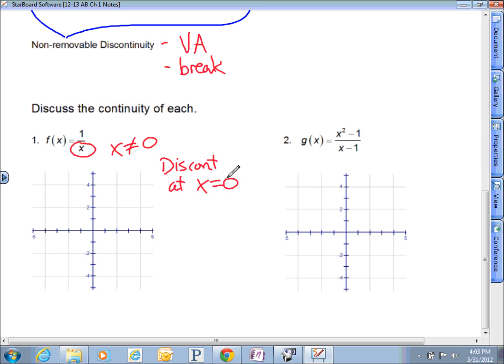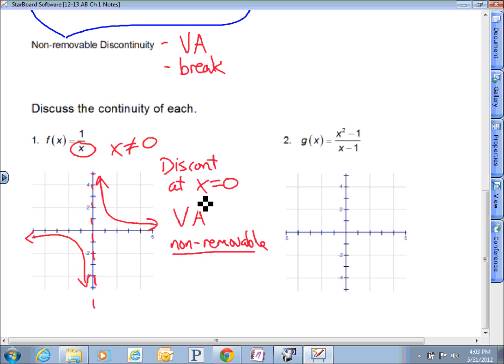And if we did punch it in, or we did remember that the graph of f of x equals 1 over x looks something like this, and that's a very rough sketch of what this graph would look like, we're going to see that we have a vertical asymptote at x equals 0. That would mean it is a non-removable discontinuity. So it's discontinuous at x equals 0, and it would be non-removable.